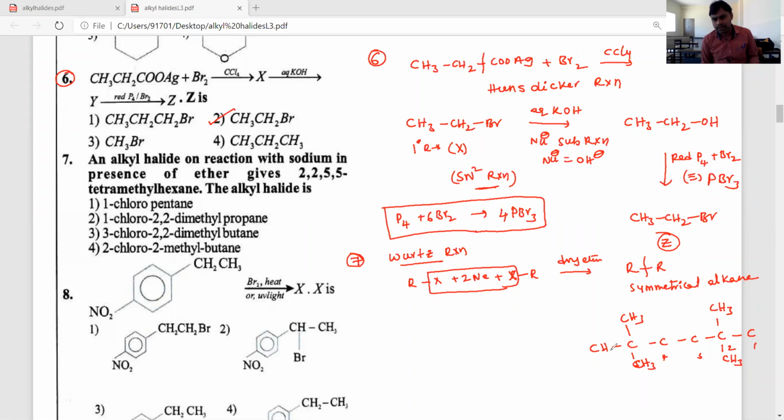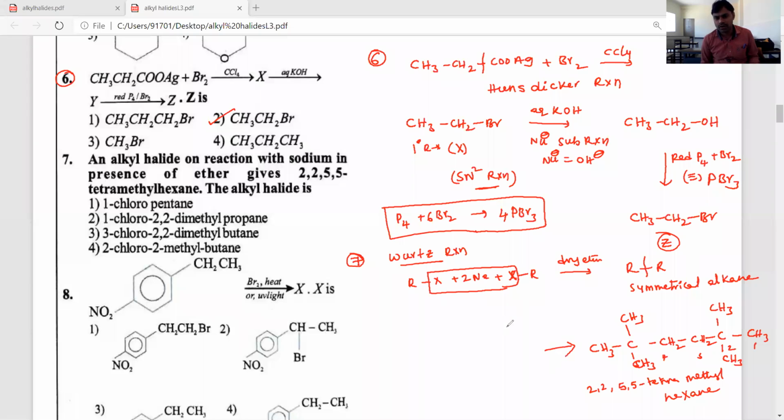The remaining are hydrogen atoms: CH3, CH2, CH2, CH3. This is 2,2,5,5-tetramethylhexane, the product.